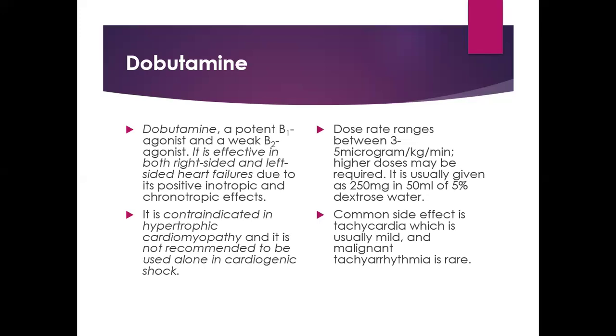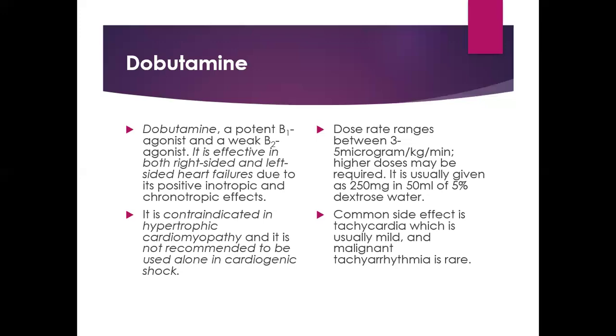Some of the common side effects of dobutamine is malignant tachyarrhythmia, which seems to be rare. Another thing for us to note about dobutamine is that in as much as it causes myocardial contractility due to its inotropic effect, it also causes vasodilatation of your systemic vasculature.